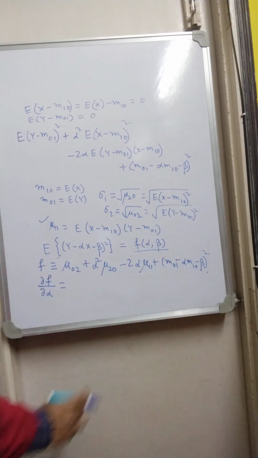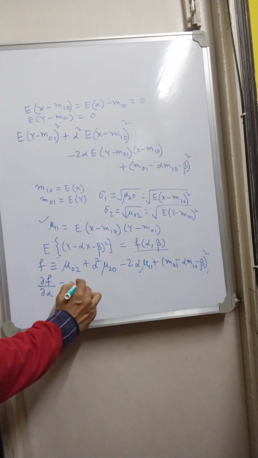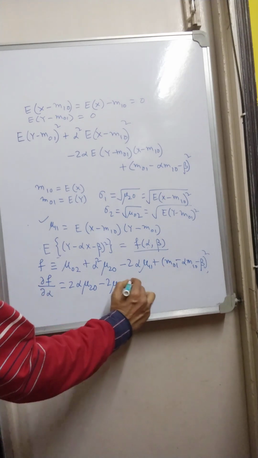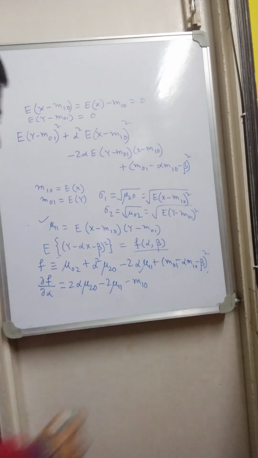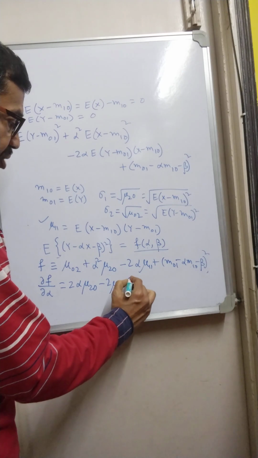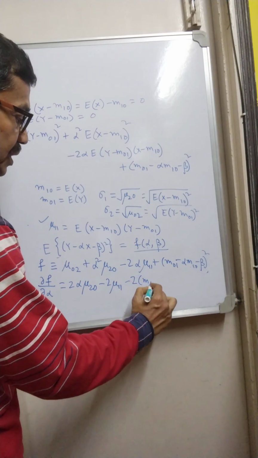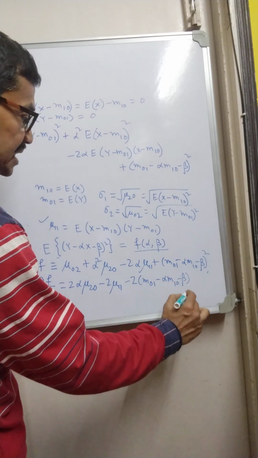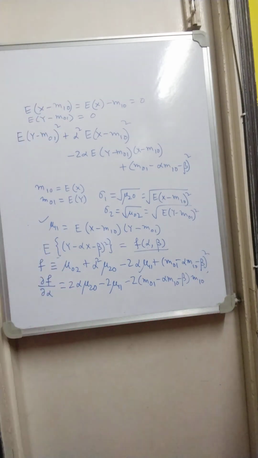When you take the derivative of this with respect to alpha, we get 2 alpha mu 20 minus 2 mu 11, and minus actually 2 into (m01 minus alpha m10 minus beta into m10), because we are taking the derivative of f with respect to alpha.